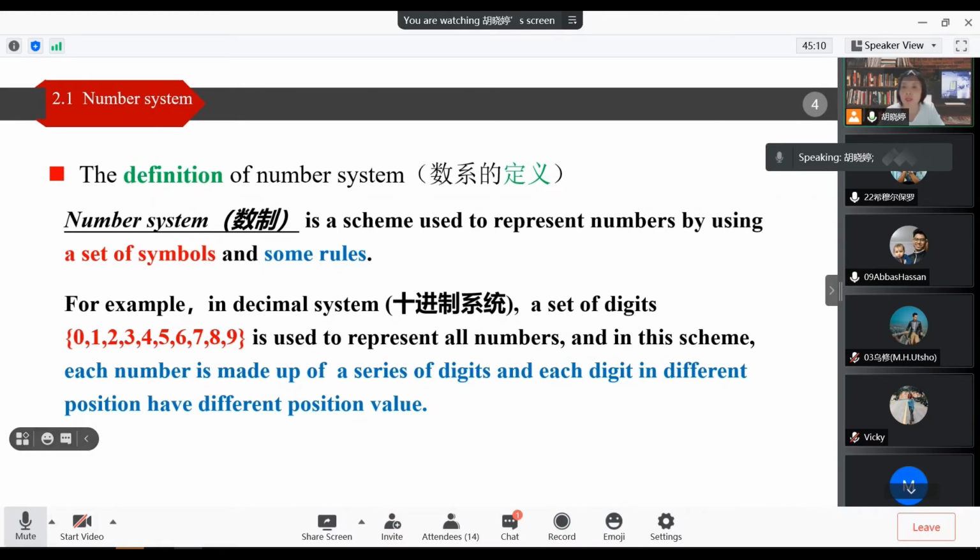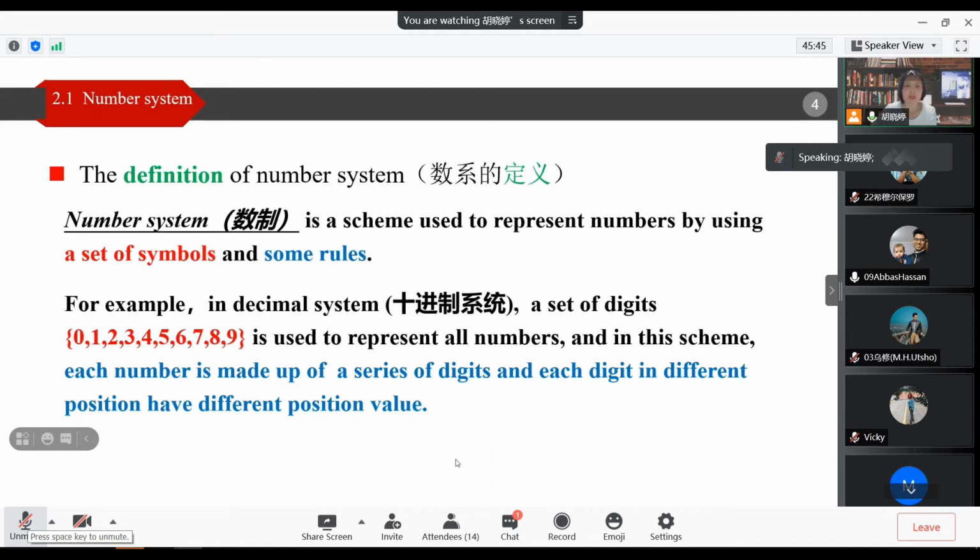For a number system, there are two characteristics. First, you need to have a set of symbols. Second, you need to use some rules to represent numbers.